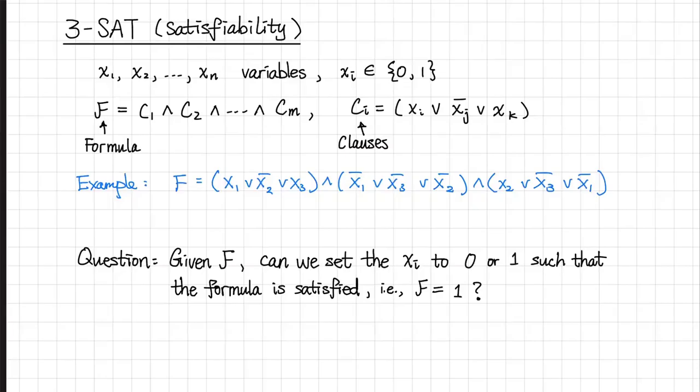And in 3-SAT, you are given a formula, which is a Boolean expression made from n clauses. It's a conjunction of n clauses, where conjunction means the AND relation. So you have C1 and C2 and C3 up to Cn. Now what's a clause? A clause is a disjunction over 3 variables. Disjunction means the OR relation.